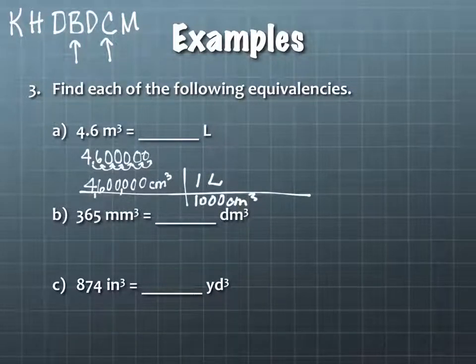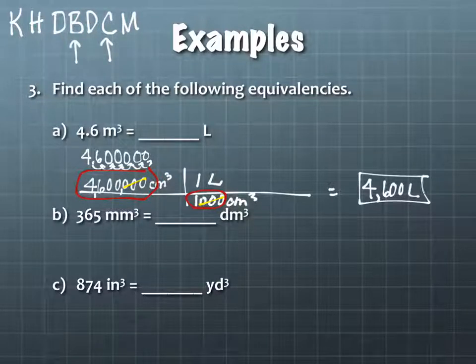So you're going to take this 4,600,000 number and divide it by 1,000, which will in essence do what? It'll take off 3 zeros at the end. Zeros are the only numbers that do that, of course. We can't just start taking off numbers everywhere, but we end up with 4,600 liters. And it's not cubed, it's just liters.